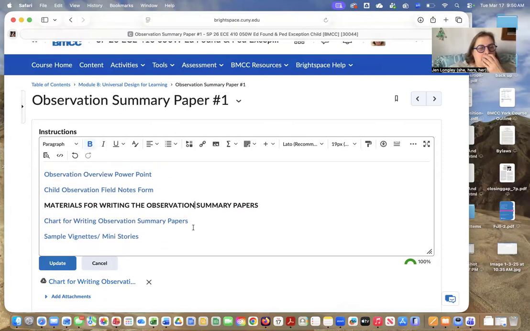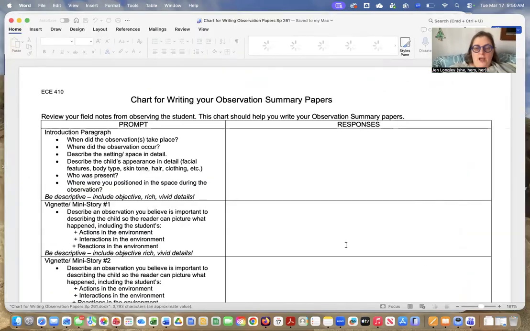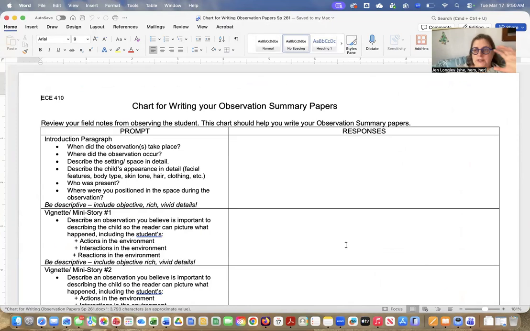And then there's some information here under materials for writing your observation summary paper. Of course, I have a chart for writing your observation summary paper. So basically, as I mentioned before, I invite you to divide your paper into vignettes. Okay, so first start with the introduction.